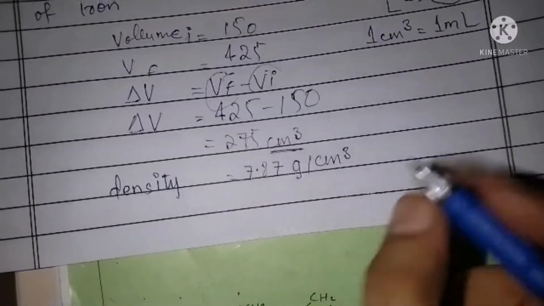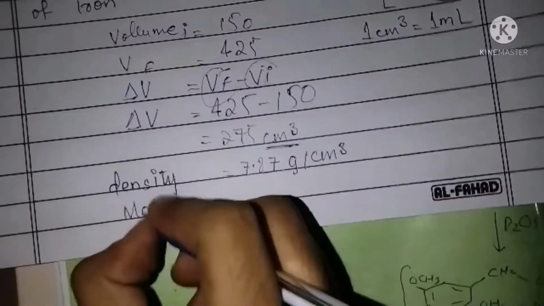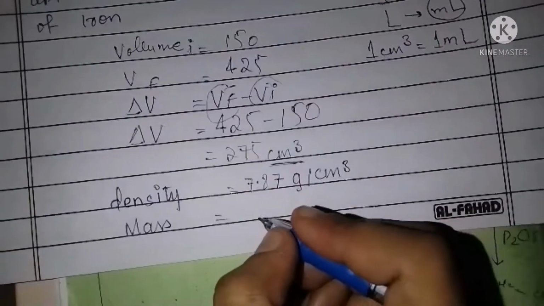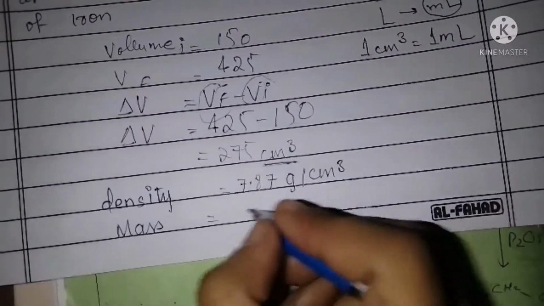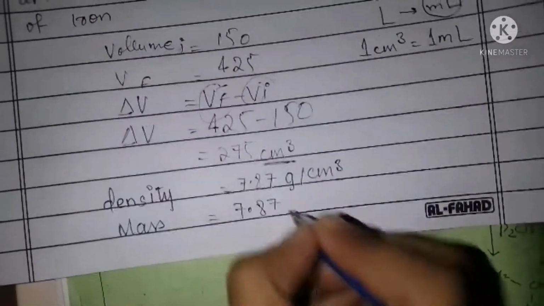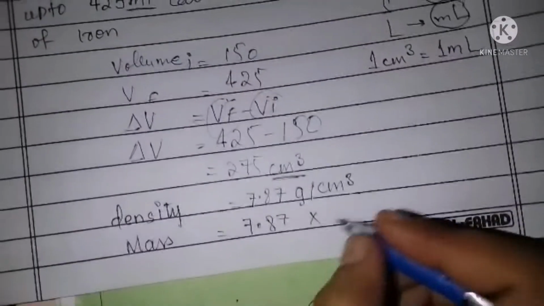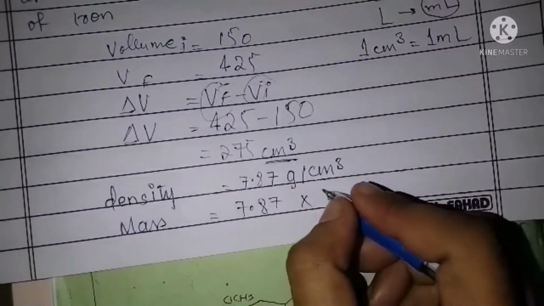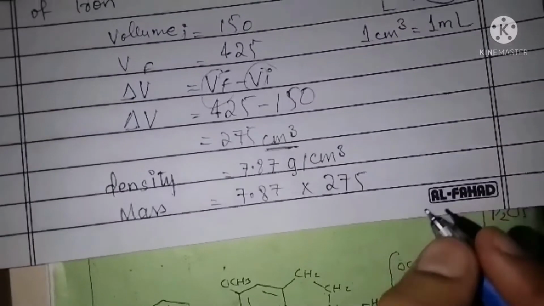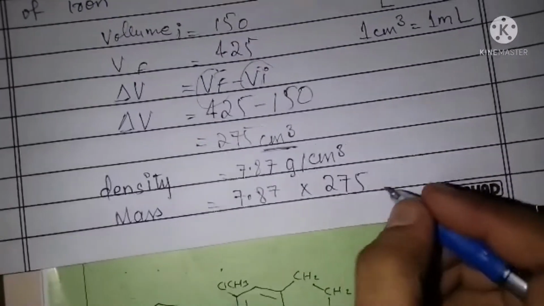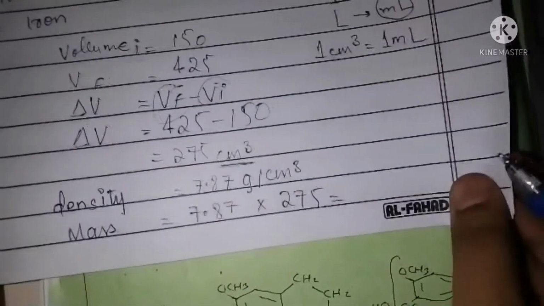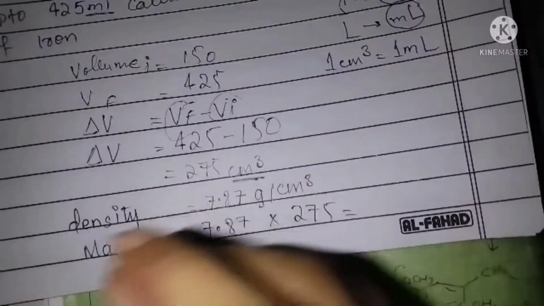and we need to calculate the mass. Mass is equal to density, which is 7.87, multiplied by 275 as the volume.